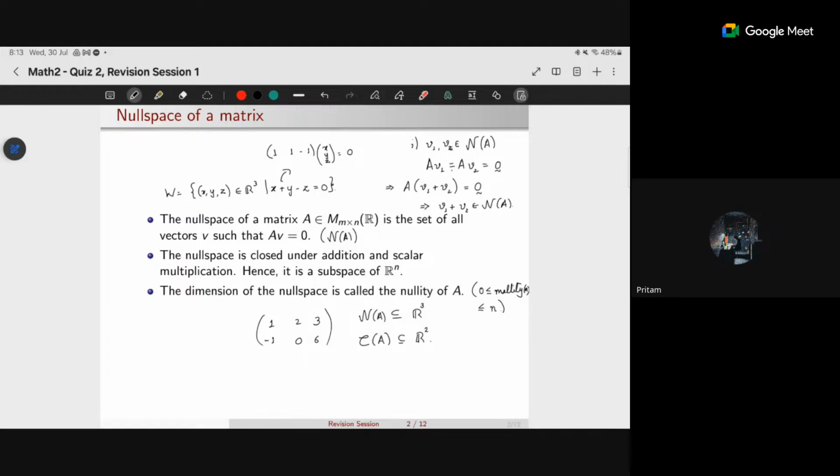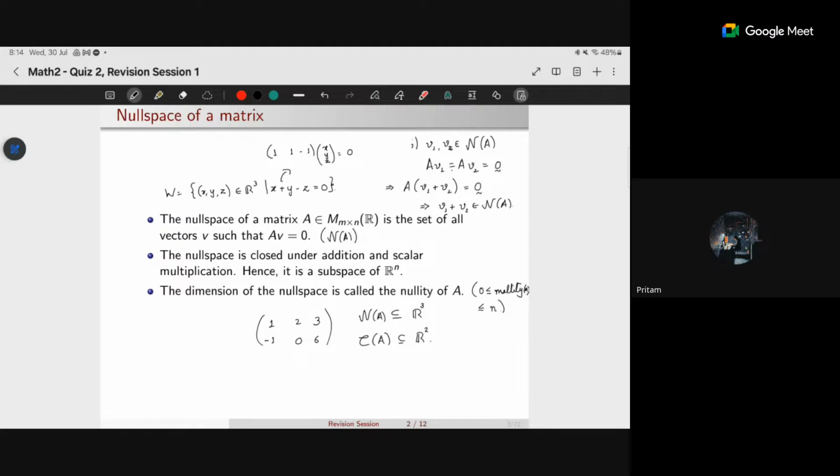Then your null space itself is just the singleton set. In that case, nullity will be 0. And if you have just the 0 matrix, then the nullity is n. So both extremes are possible. In certain cases, they are not. Such problems you'll probably see.